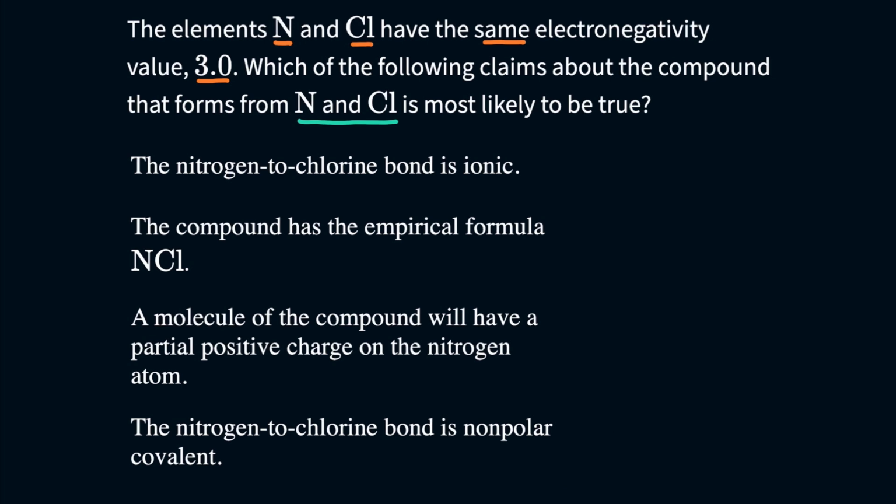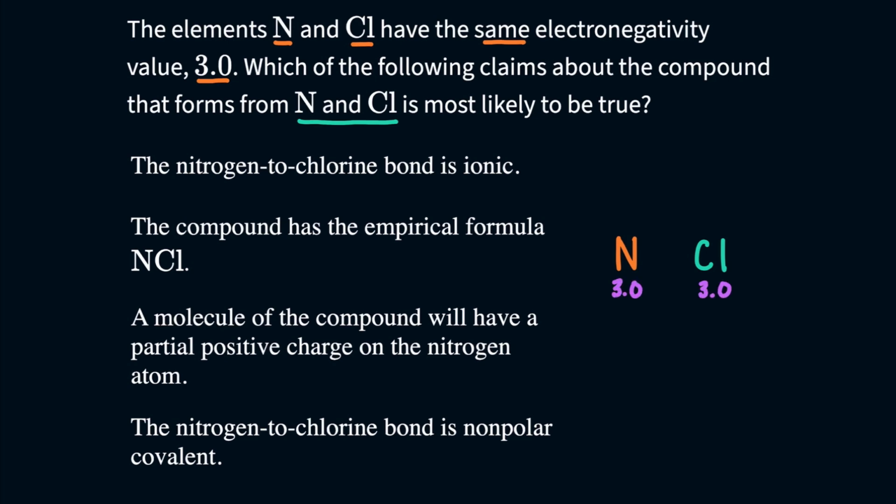Okay, now they gave us some interesting pieces of information here, right? Now we know that we have a nitrogen and we have a chlorine. They do say that the nitrogen and the chlorine have the same electronegativity value, which is 3.0 for both of them.